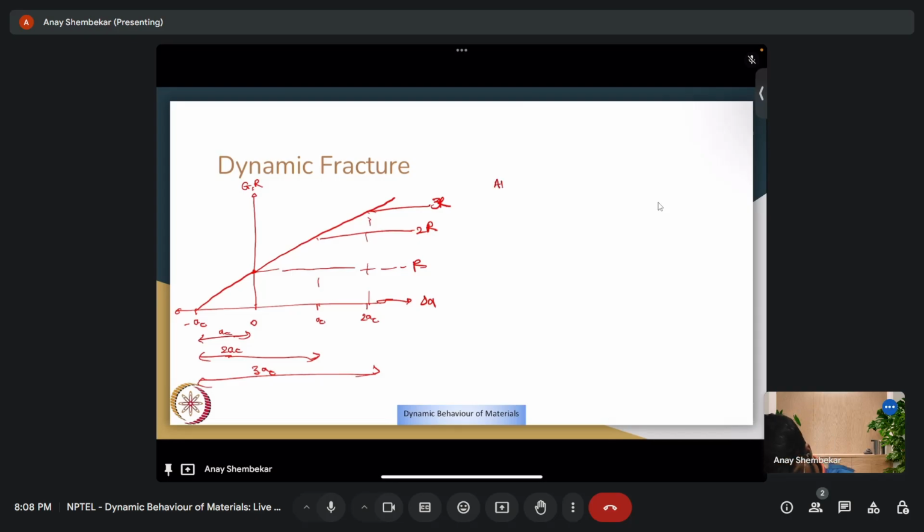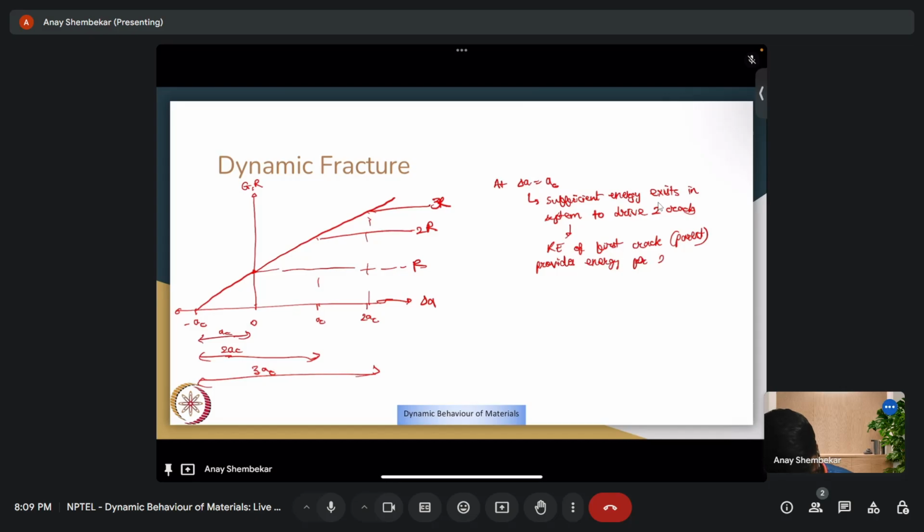What happens is that at delta A equal to AC, sufficient energy exists in the system to drive two cracks, which means the kinetic energy of the first crack, this is basically the parent crack, provides energy for the two cracks, which are the children cracks.